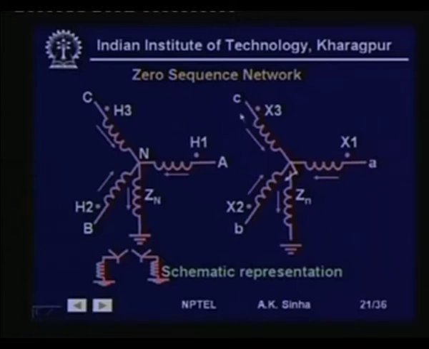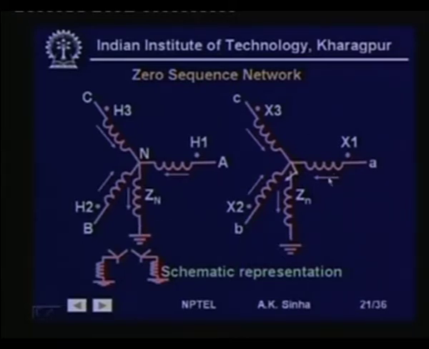Similarly, small case letters are used for low voltage side and uppercase letters are used for high voltage side. Now, we are showing a current IA flowing like this, IB flowing like this and IC flowing like this. If these three currents are not balanced, in case of zero sequence, these three currents will be having the same phase, and so they will need a return path, and that is provided by the neutral connected to the ground.